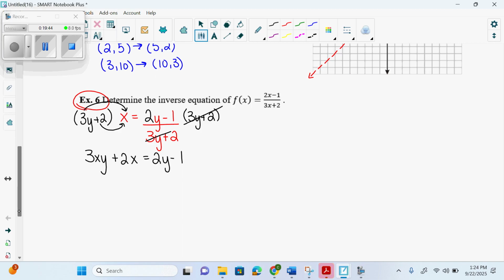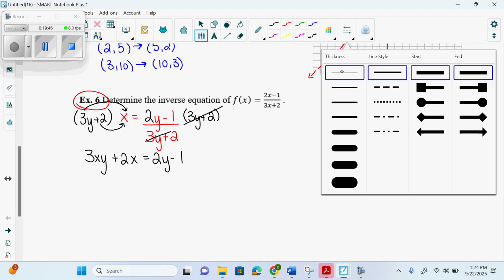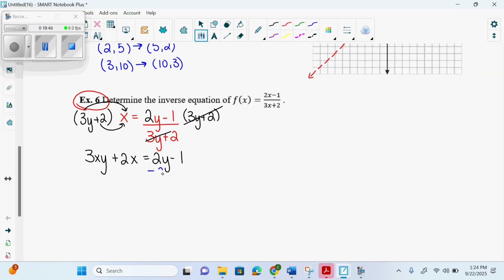So, I'm going to subtract 2y to move it over with this one. And then I'm going to subtract 2x to move it over here. So I'm sitting with 3xy minus 2y equals negative 1 minus 2x.